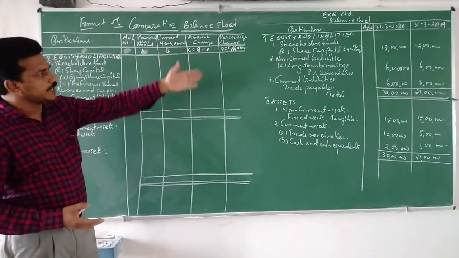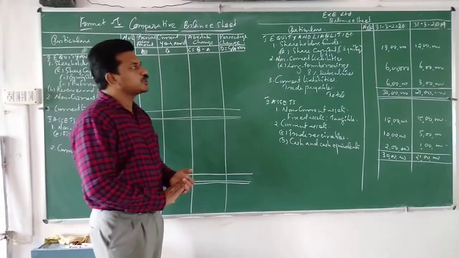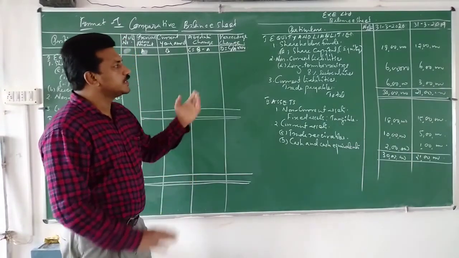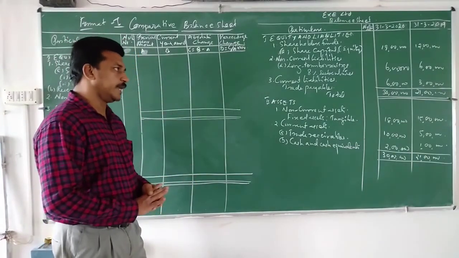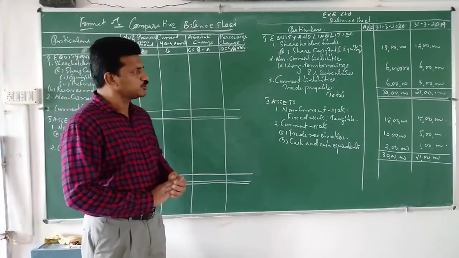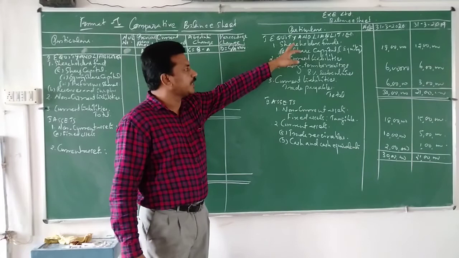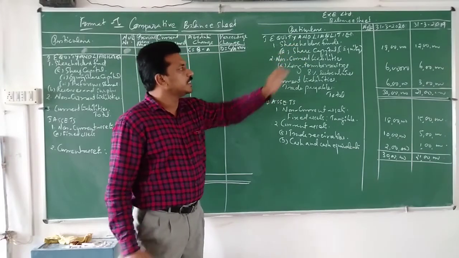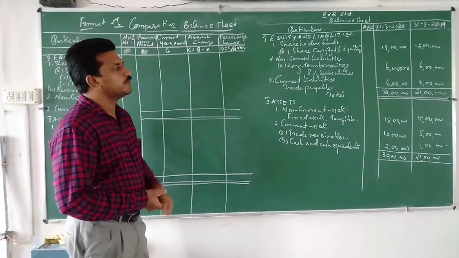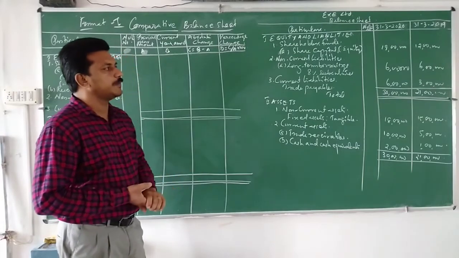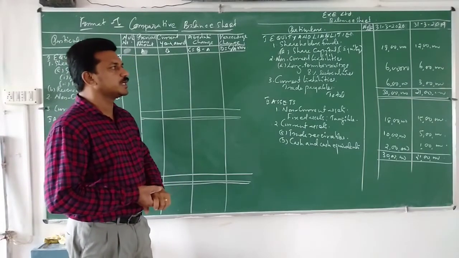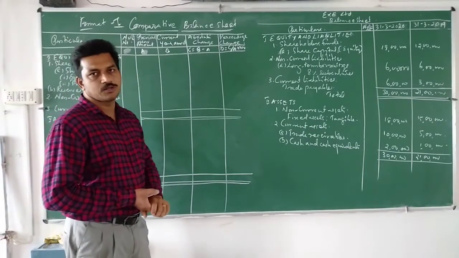Okay. And here is our question. The balance sheet of X Limited is given for the years 2019 and 2020. Equity and liabilities are given here, shareholders' funds. In that, share capital is given: equity share capital 18 lakh for 2020 and previous year it was 12 lakh.